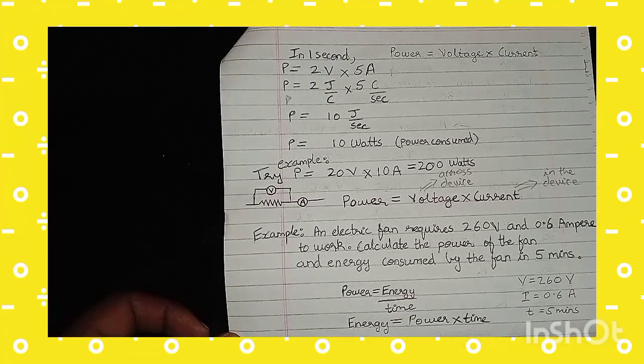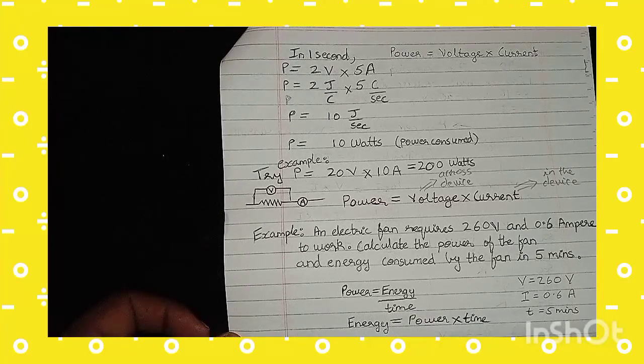So in 1 second, power is equal to voltage into current. So P, denoted for power, is equal to 2 volts into 5 amperes.